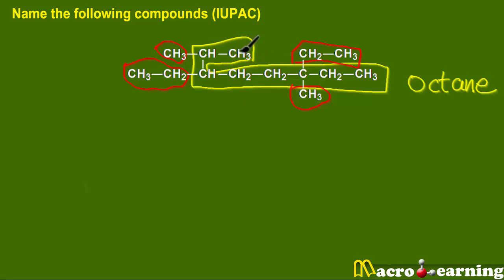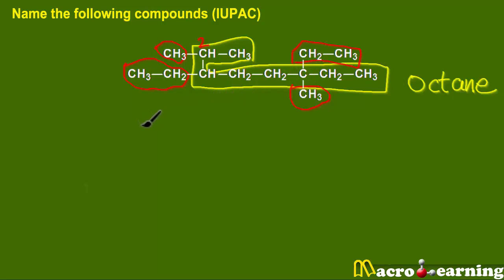Numbering will go from this end, right? Go 1, 2, 3, 4, 5, 6, 7, 8, because this way the first substituent receives the lowest number again. It's number 2. This substituent is on number 2. If we started the numbering from the other side, then the closest substituent would be on carbon number 3. So it's against the rule.